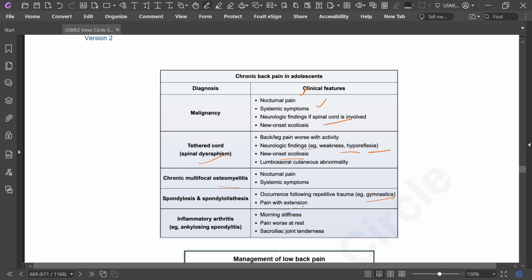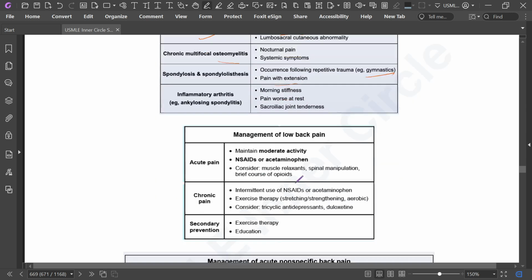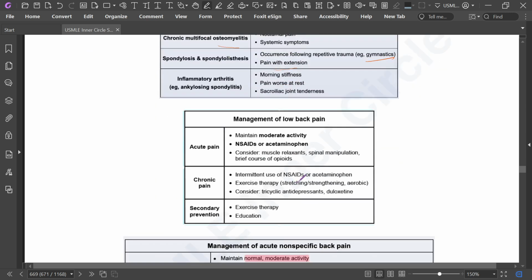This happens in the gymnast, with pain on extension. And inflammatory arthritis, ankylosing spondylitis: pain worse at rest, morning stiffness, sacroiliac joint tenderness. Okay, acute low back pain management.